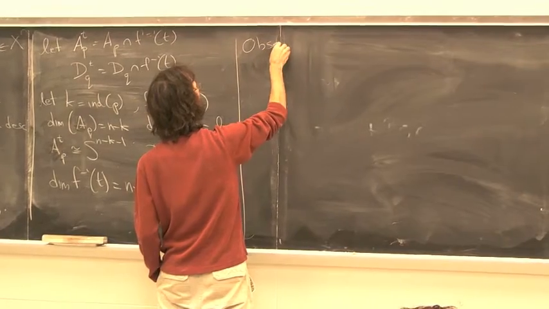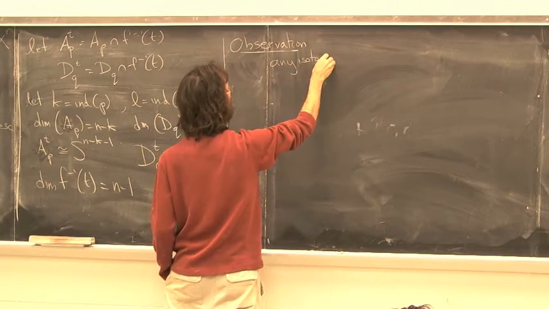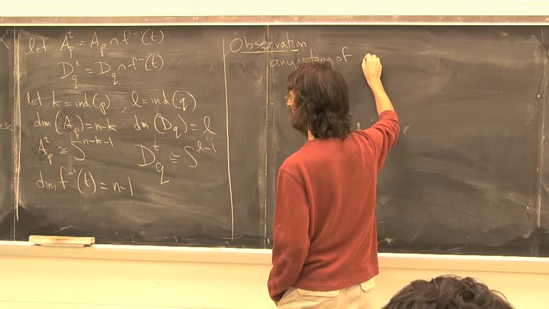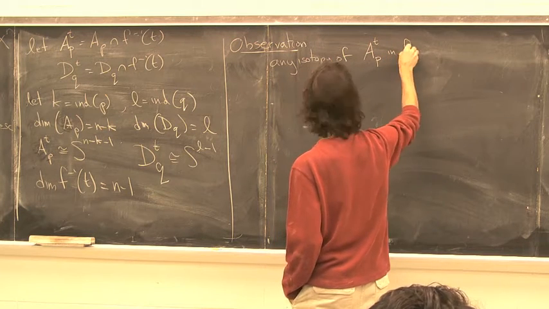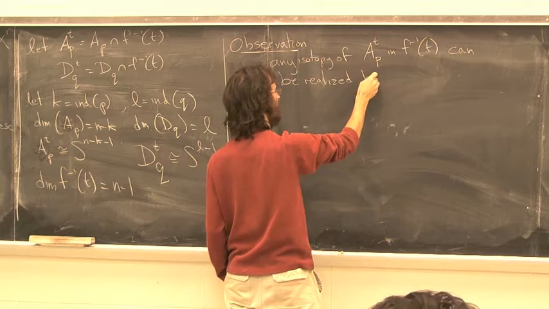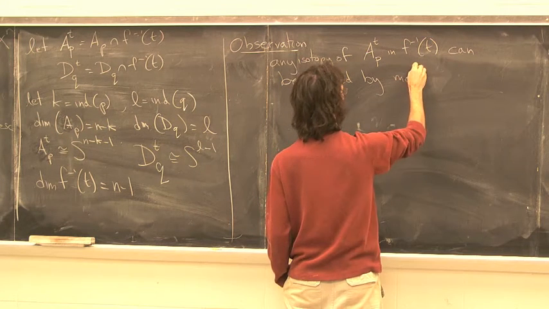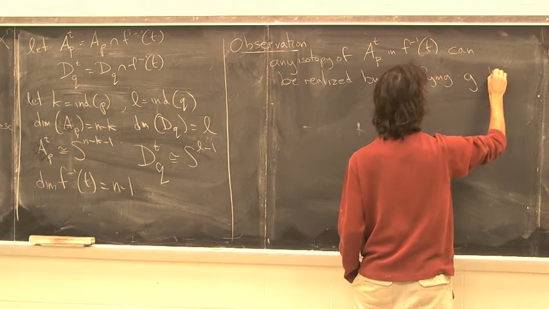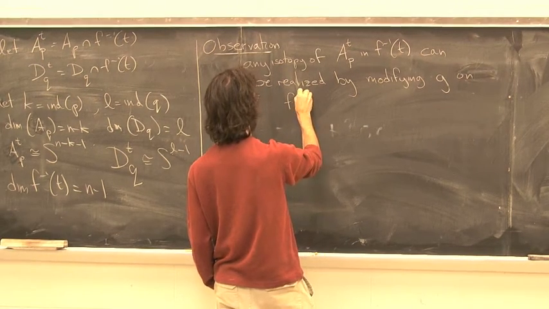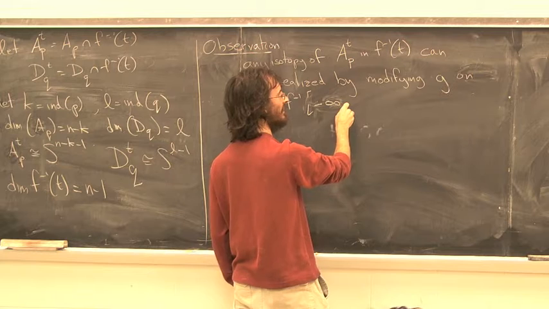by this observation, any isotopy of either one of these, any isotopy of A sub PT in F inverse of T can be realized by, I would say homotoping, or I'm just saying by modifying G below level T, so on F inverse of, actually, to be very precise here, F inverse of T minus some epsilon, minus infinity up to T minus epsilon.